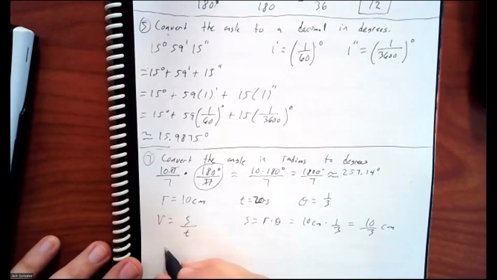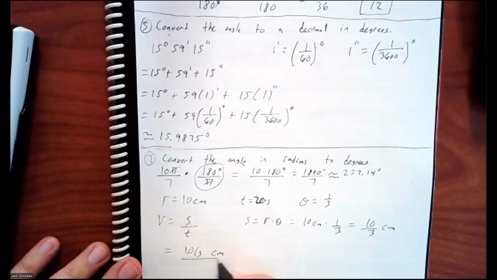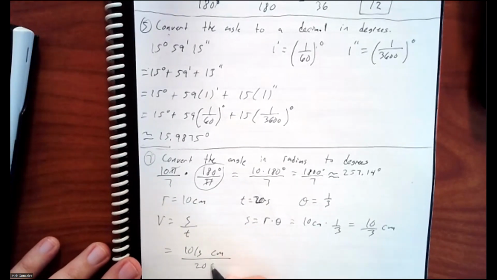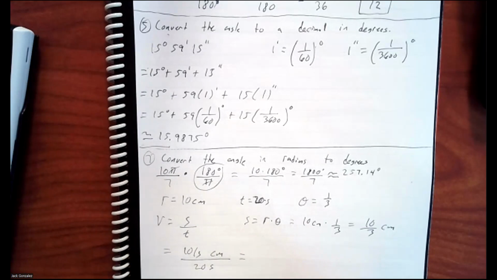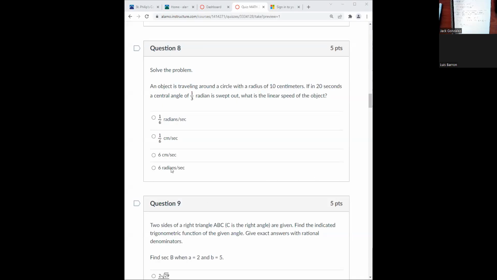So the speed will be 10/3 centimeters over 20 seconds. Now let's see if they have it in decimal or fractions. Looks like decimal.